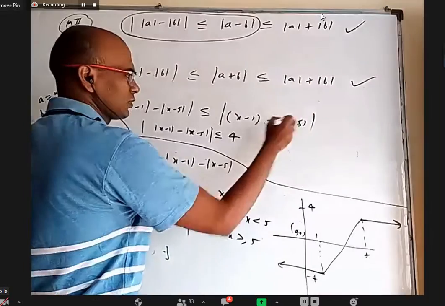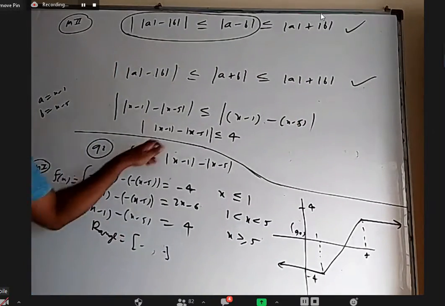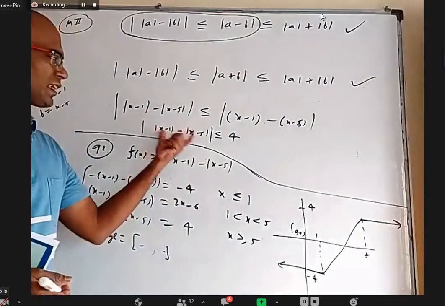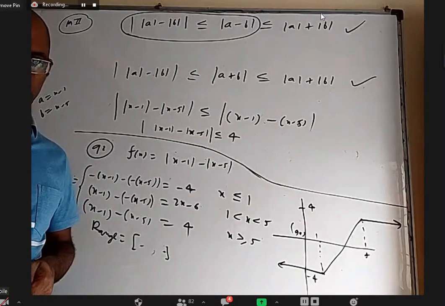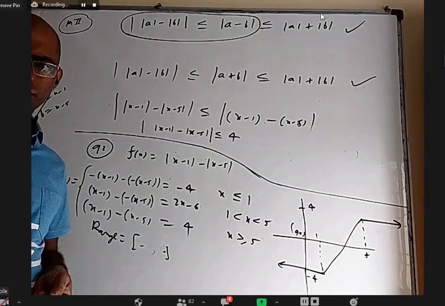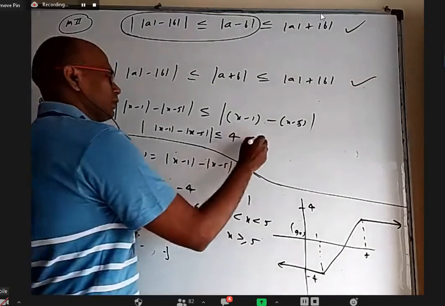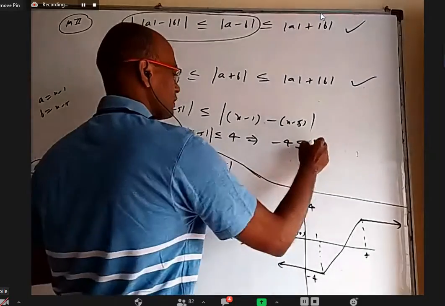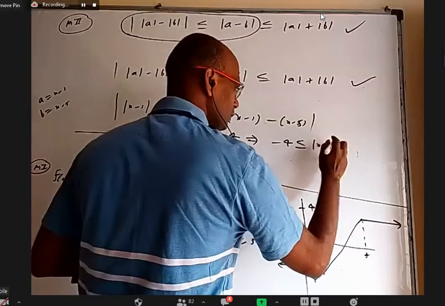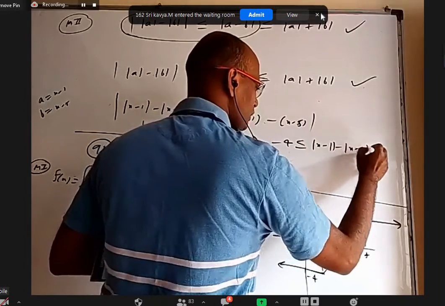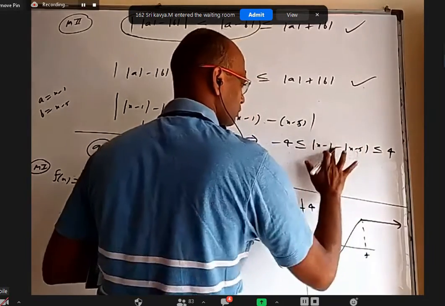X will cancel. Mod of something is less than or equal to 4 means the inner part will be between what and what? Minus 4 to 4. Minus 4 to plus 4. That's it. Minus 4 less than or equal to mod x minus 1 minus mod x minus 5 less than or equal to 4.